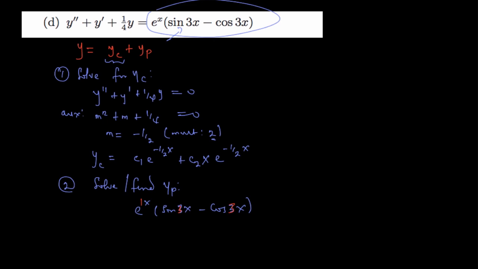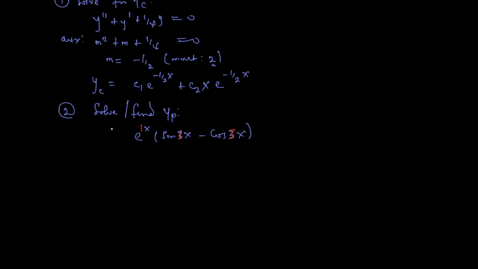As usual, we've explained how to find the annihilator operator of a function like this in the past videos. If you do not know how I got it, you should go and check how I got it. Anyway, the annihilator of this function here is D squared minus 2D plus 10. So that's the annihilator of this function here.